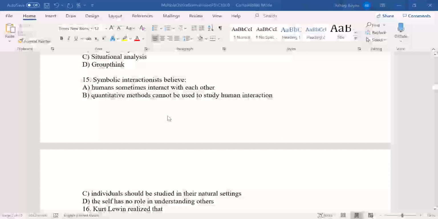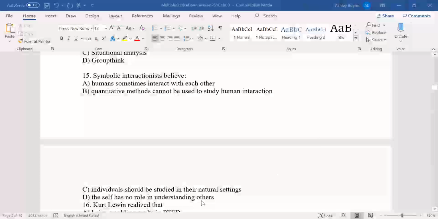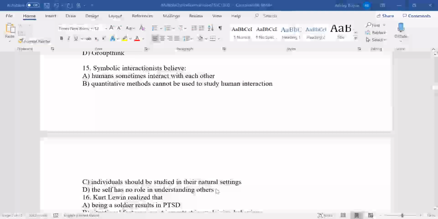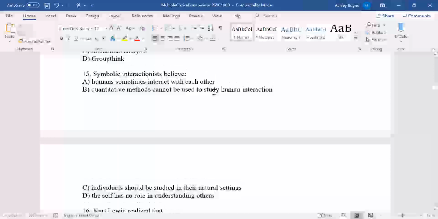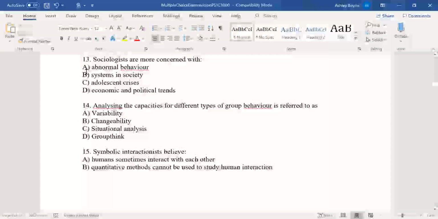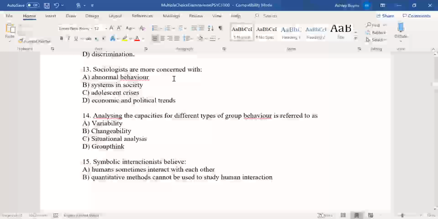Okay, so number 13, sociologists are more concerned with A, abnormal behavior, B, systems in society, C, adolescent crises, or D, economic and political trends? Okay, yeah. The answer is B. So sociologists are more concerned with systems in society.